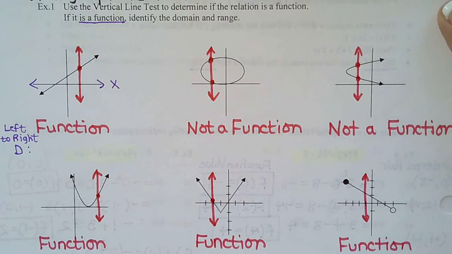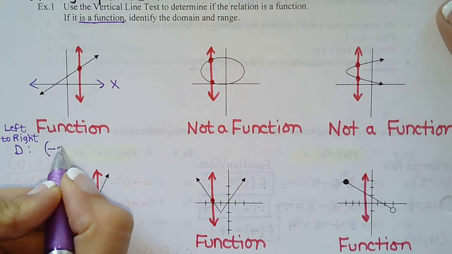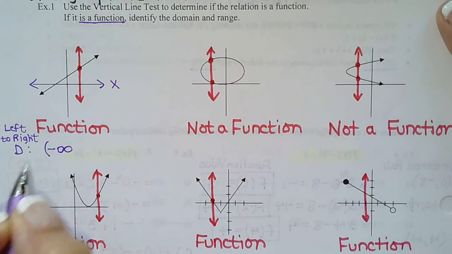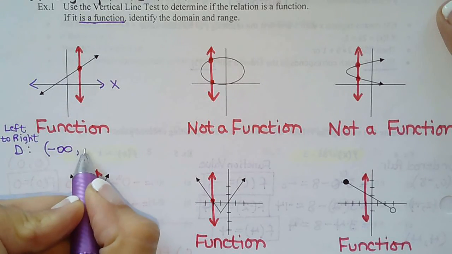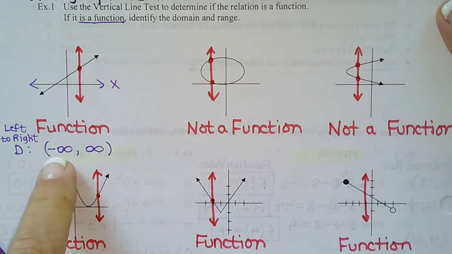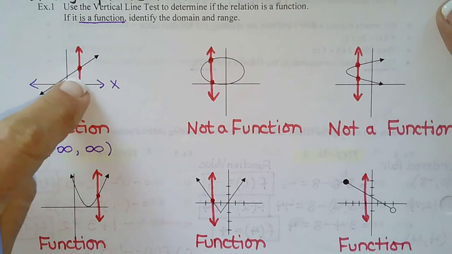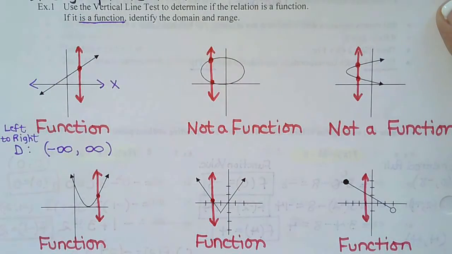So if I asked you to write the domain in words, you would say all real numbers. But they want domain and range written in interval notation, and this will be for the rest of your math classes. So we learned back in Module 5 that all real numbers means negative infinity to positive infinity. It goes to negative infinity, and it goes right forever to positive infinity.